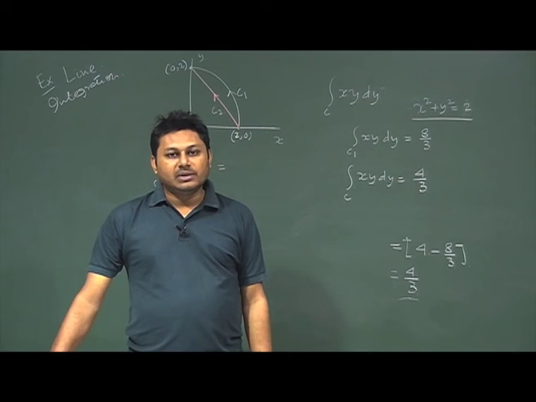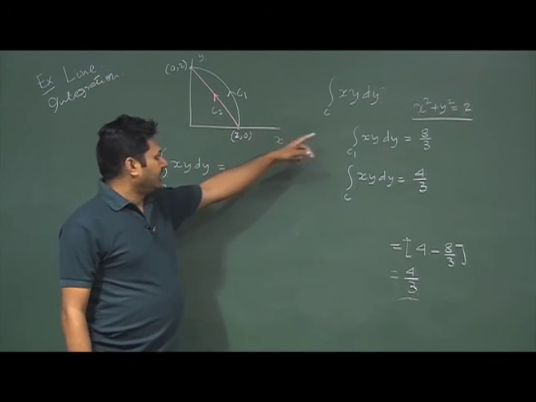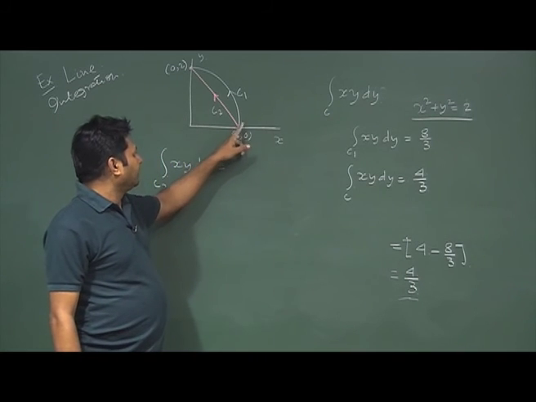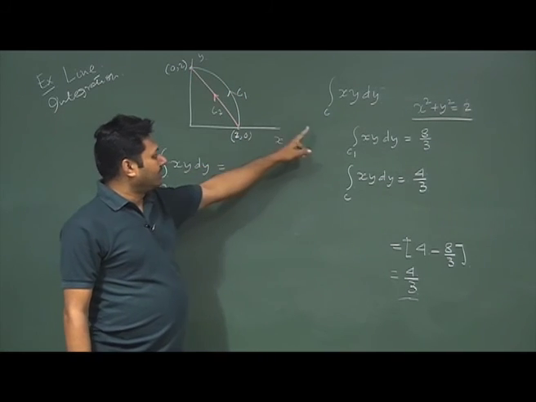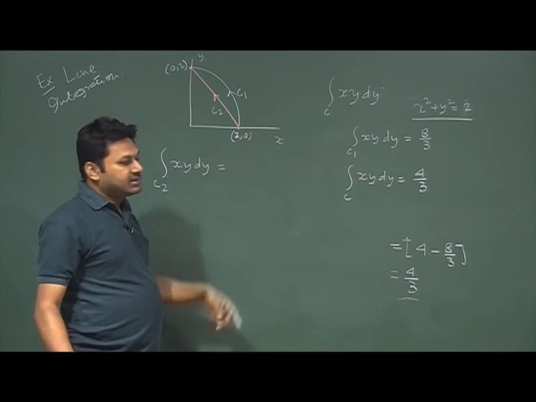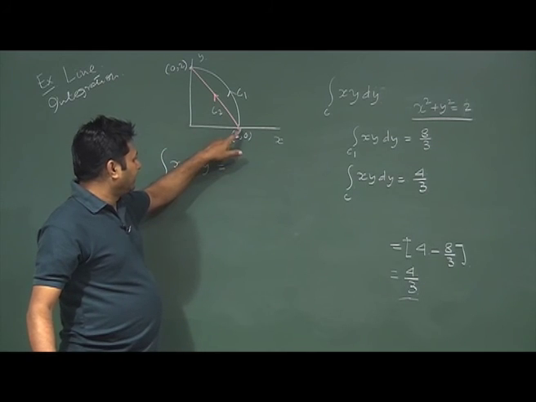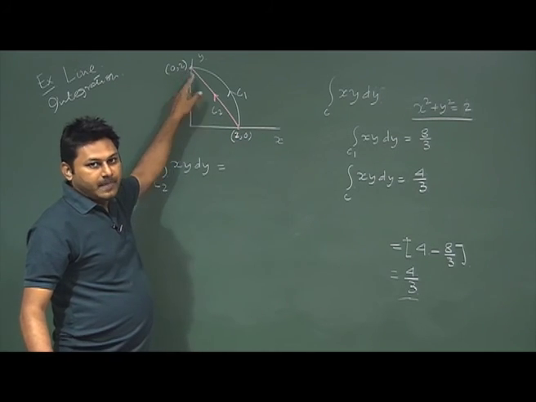Next day we will find one interesting thing: that for this particular function in the real case, if I go along this path and calculate the line integration, and if I go along that path and calculate the line integration, the results are not the same, even though I am starting from the same point and reaching the same point.